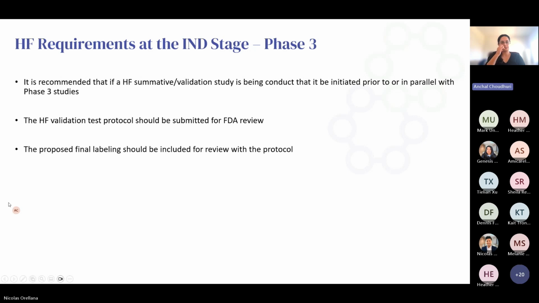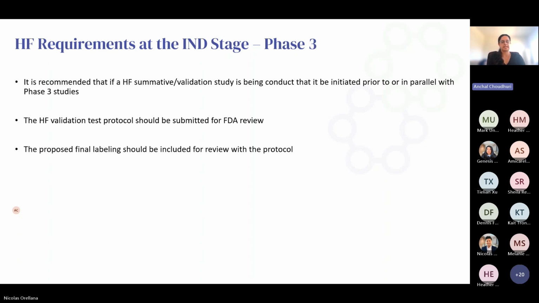So at phase 3, that's when you're really getting to study your final product for your clinical study, as well as seriously start thinking about your summative or validation human factors study.